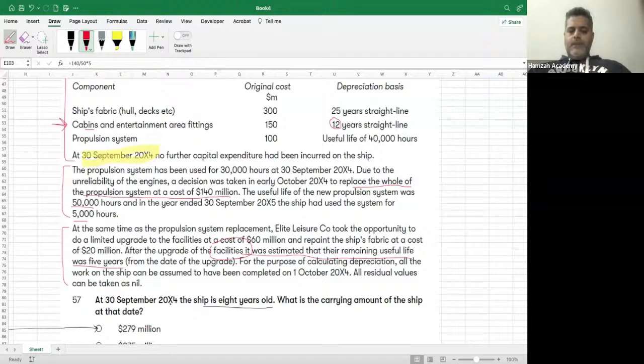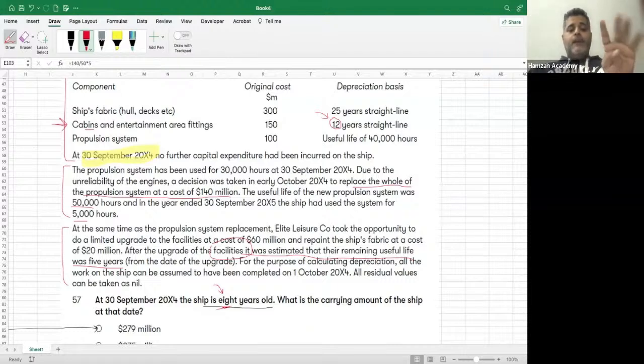Then at 30th September 2024, the ship is 8 years old. So what is the remaining life for the cabin and entertainment area? 4 years.